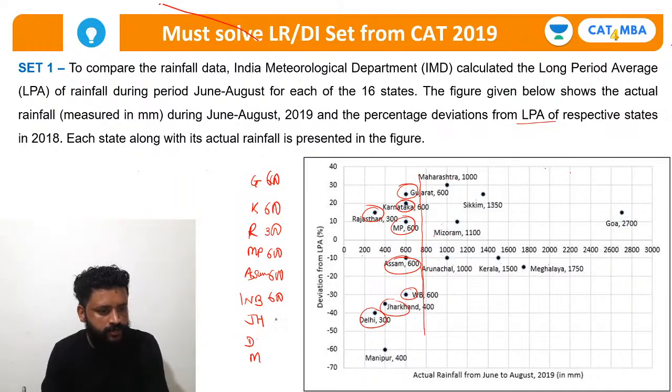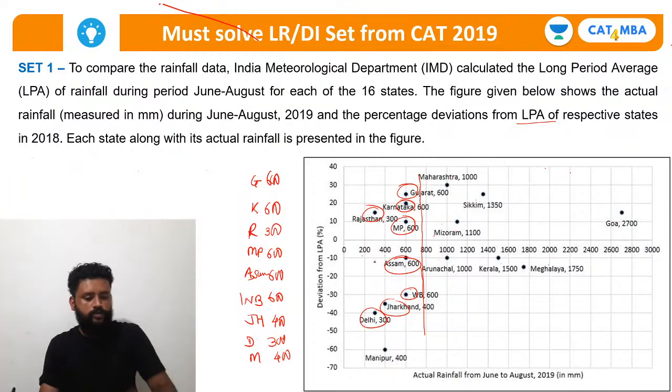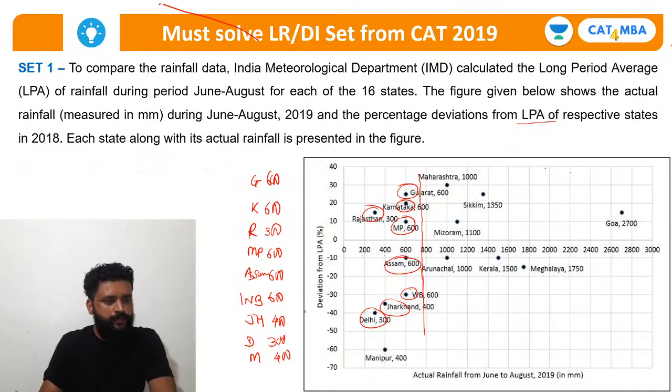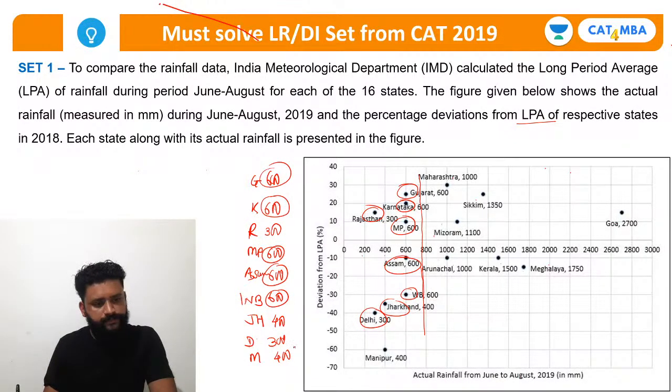Then Jharkhand as 400. Delhi as 300. And Manipur as 400. So these are the low monsoon states. So how many do we have? 5 times 600. Then 400.